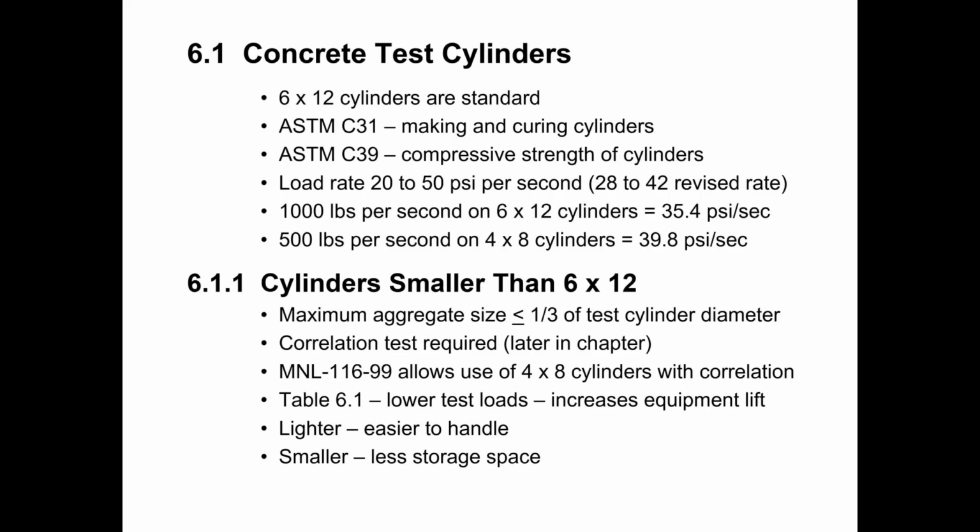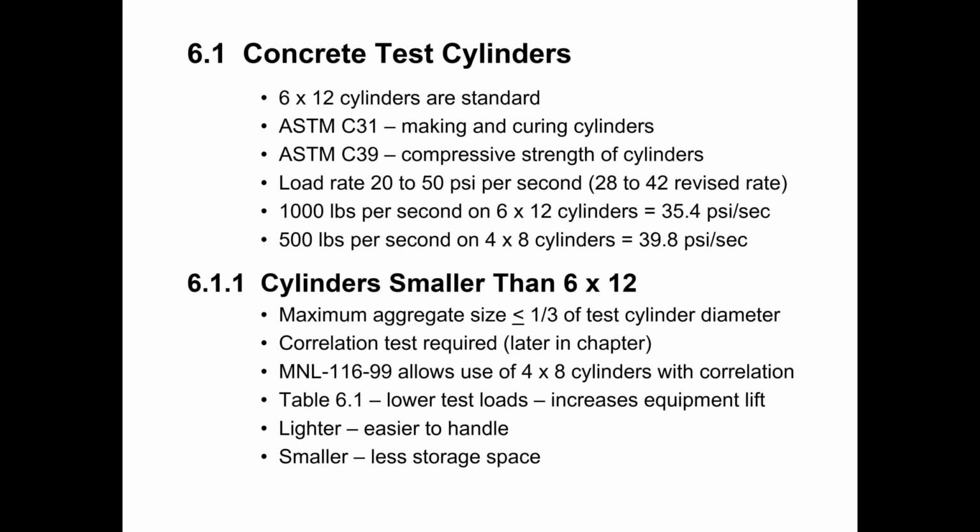Now, thankfully for 4x8 cylinders, a lot of correlation testing has been done over the years, and so PCI no longer requires that a plant do correlation testing if they want to make the transition from 6x12 to 4x8 cylinders. They can just start using 4x8 cylinders as far as PCI is concerned.